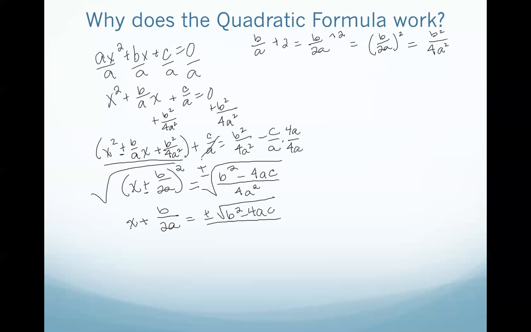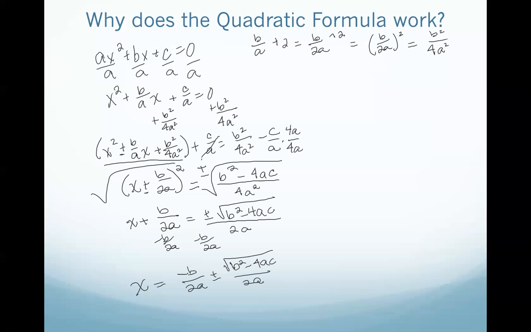The square root of 4 is 2. The square root of a squared is a. And then subtracting my b over 2a from each side, I get that x equals negative b over 2a plus or minus the square root of b squared minus 4ac over 2a.